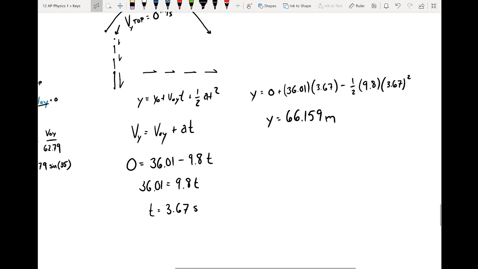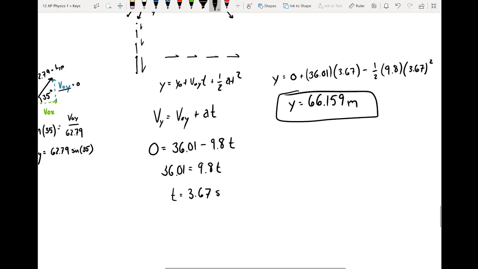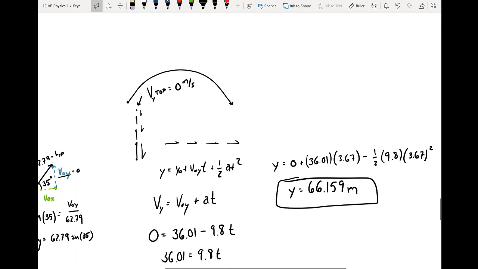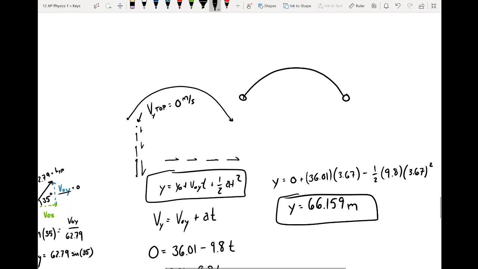Cool. So another way that we could have done that, if we didn't want to find time the way that we did, is we could use this equation and look at the whole entire projectile path. We started at a height of 0 and ended at a height of 0.